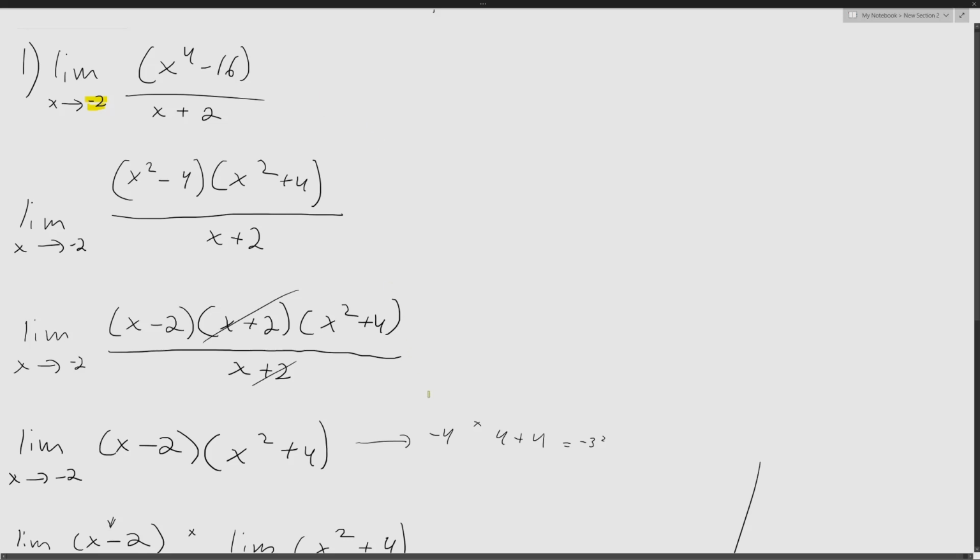However, we just proved that the limit as x approaches -2 will equal -32. So if we had to draw this graph, for example, we could have had something like this. We had a graph here, and then a hole, and then we continued. This value does not exist, right?